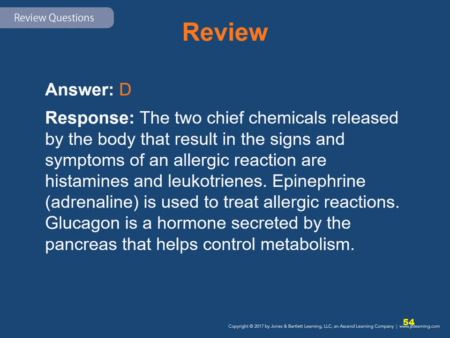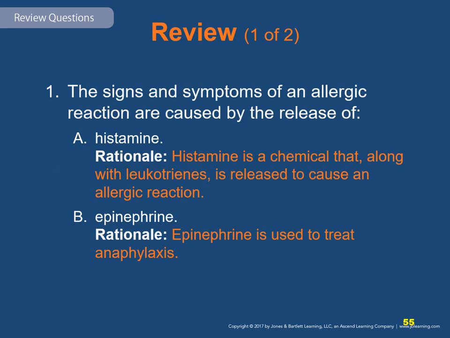Epinephrine or adrenaline is used to treat allergic reactions. Glucagon is a hormone secreted by the pancreas that helps control metabolism. Let's look at the incorrect answers. A. histamine. That's partially incorrect.